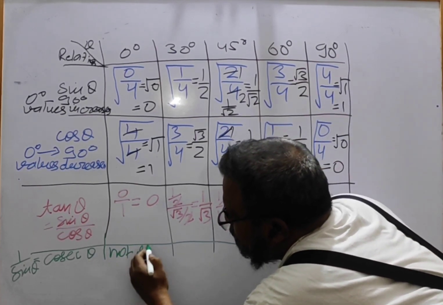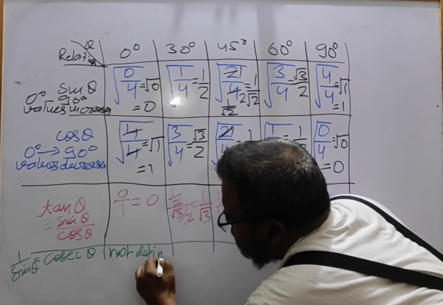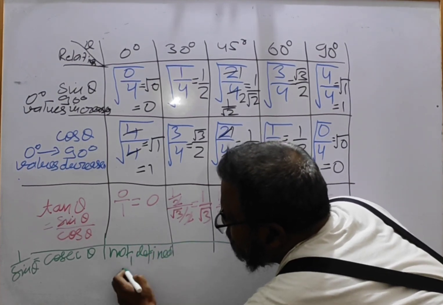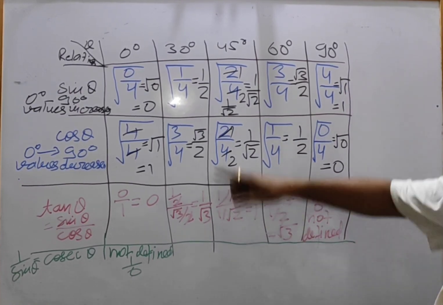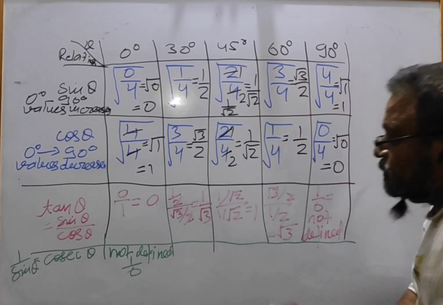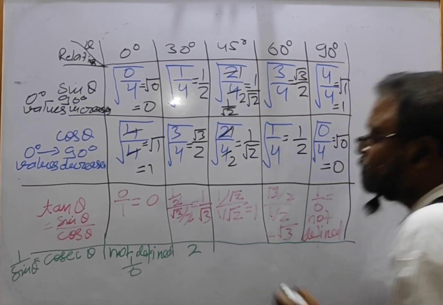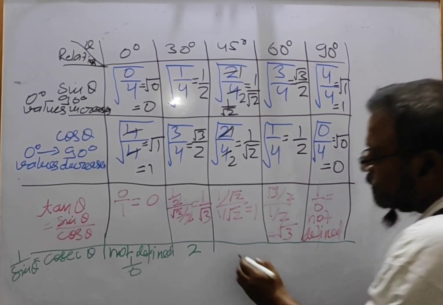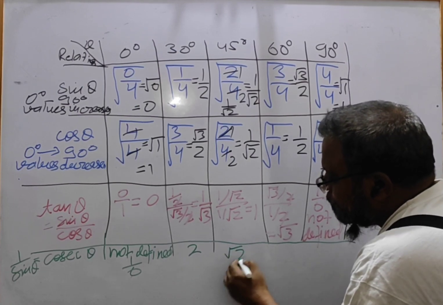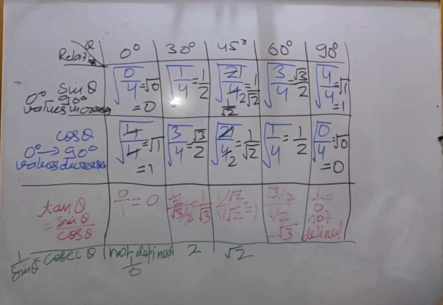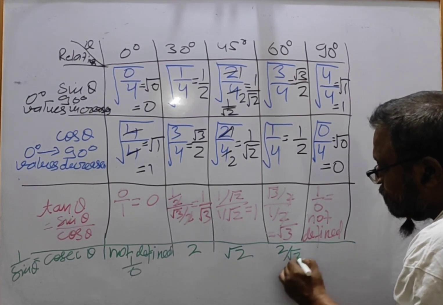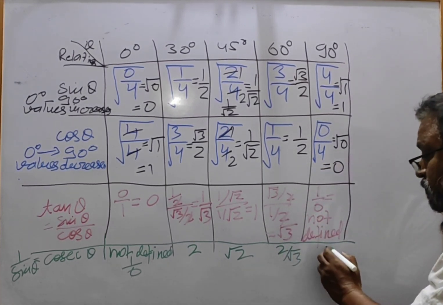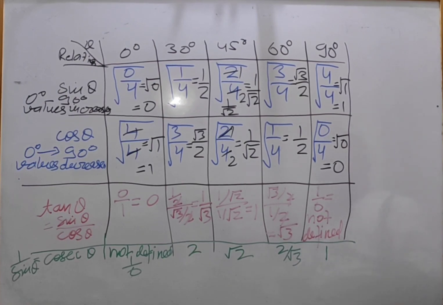Then this is 2. This is root 2. This is 2 upon root 3. And this is 1. Get it?